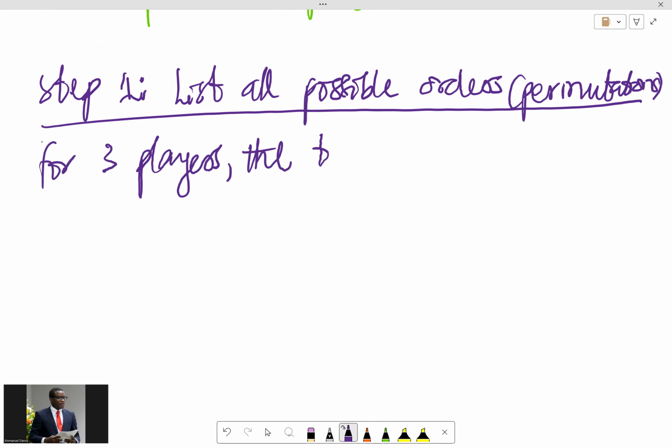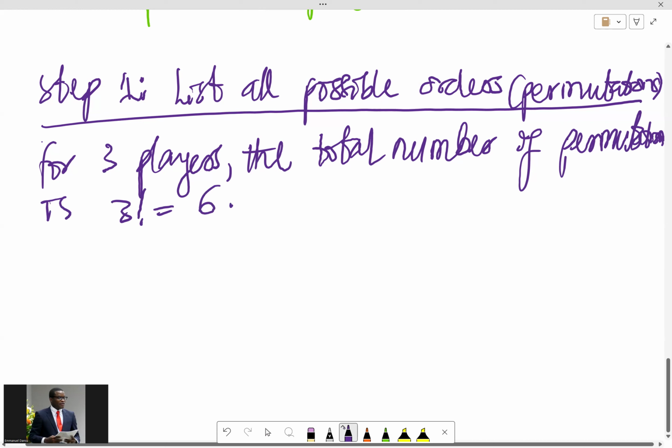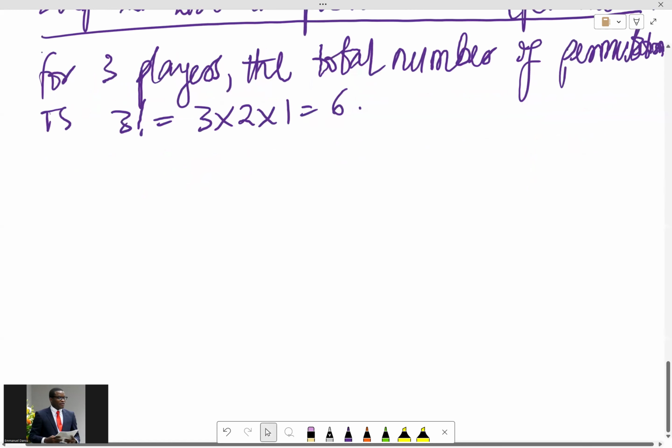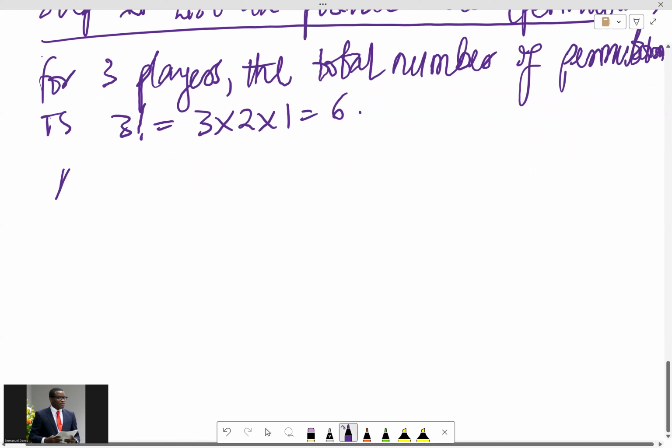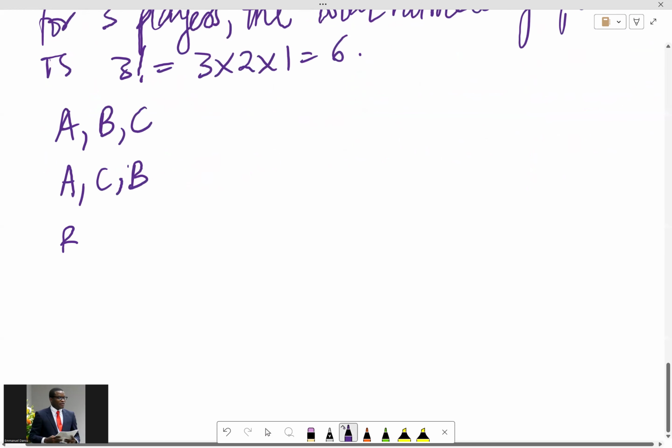The total number of permutations is 3 factorial, which is 3 times 2 times 1, which is 6. The 6 possible orders are A, B, C, so A can start the coalition, B joins, and then C joins later. Then we can have A, C, B. Then B, A, C. Then B, C, A.